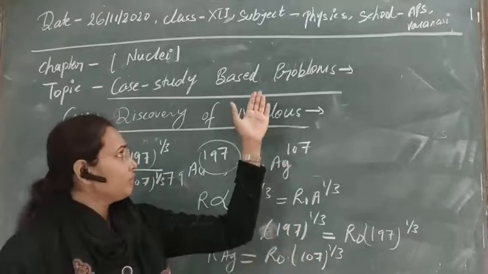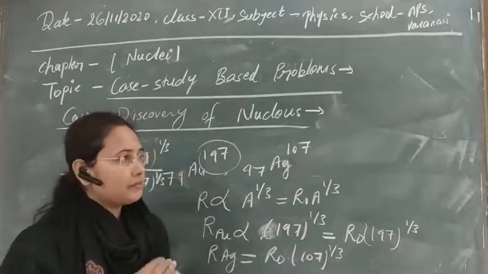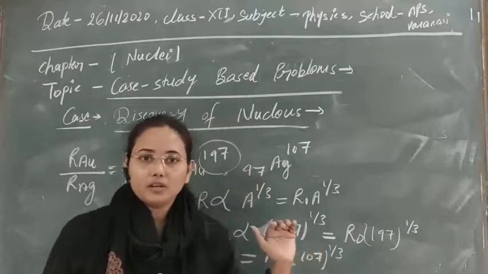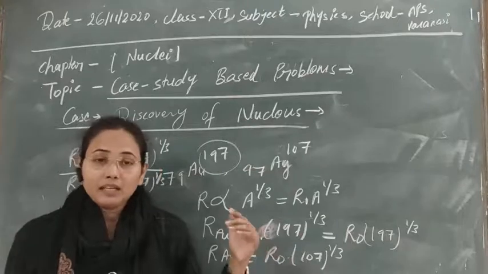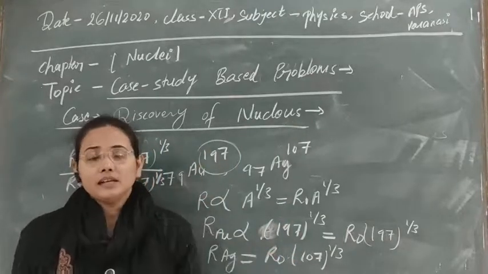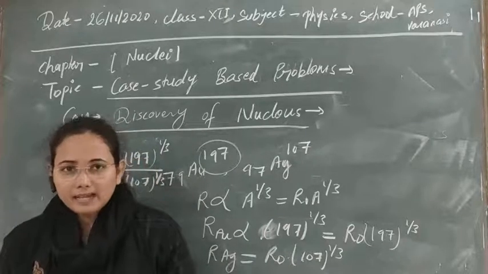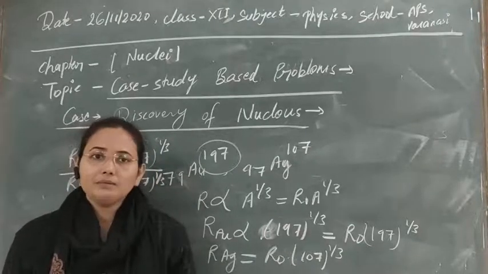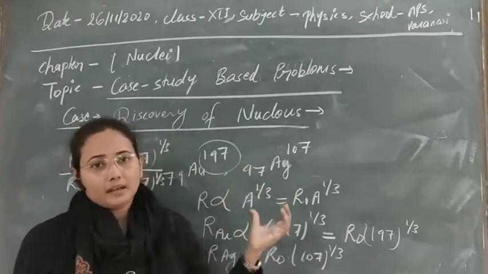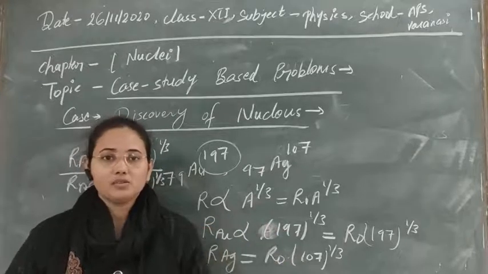And in nuclei, I have just told you which types of cases can be asked here. A case can be based on the alpha scattering experiment, on the discovery of nucleus, on atomic models, or on X-ray spectroscopy. So a number of cases can be made here that can be asked in your board examination. So you have to practice all that.